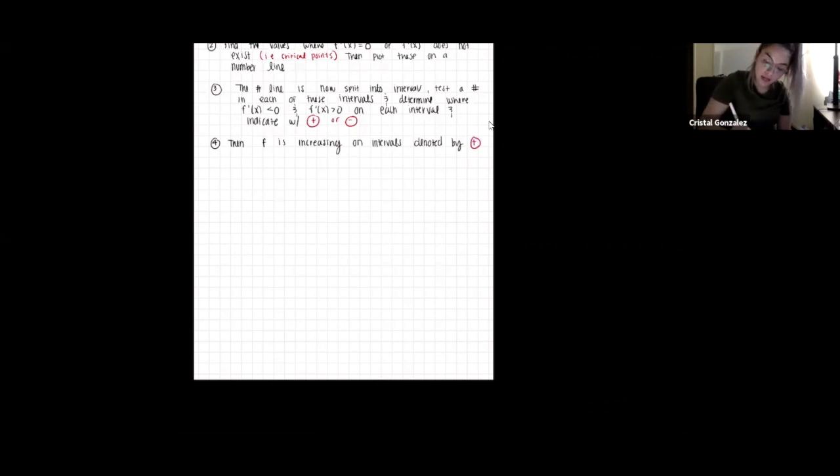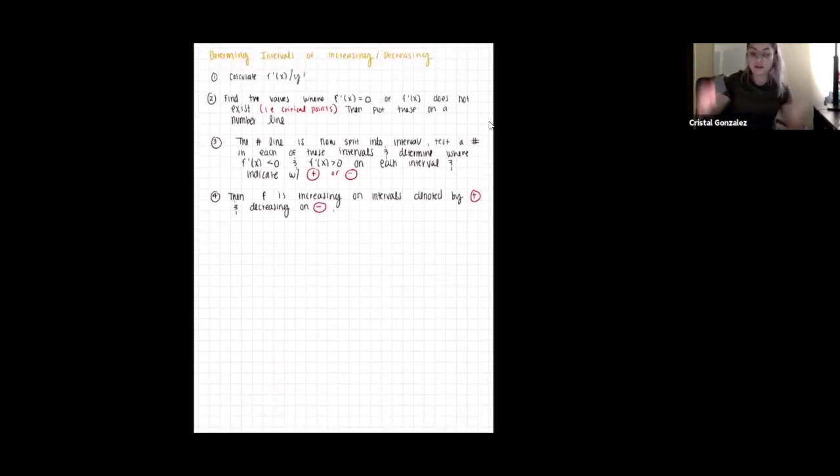And then take a wild guess here. It's decreasing with the negative ones. Perfect. So this is like your steps to determining whether a function is increasing or decreasing.